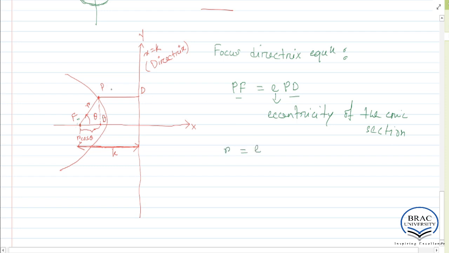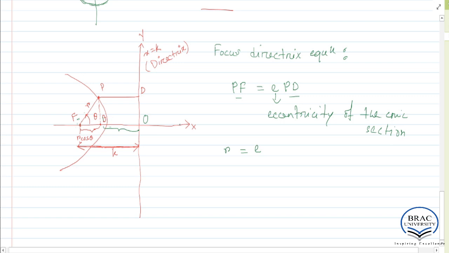And what is this PD? This PD is this distance, which is the difference between this distance and this distance. This is BF. What is BF? BF is just r cos theta. And what is this other distance? We can call it O for now. What is OF or FO?